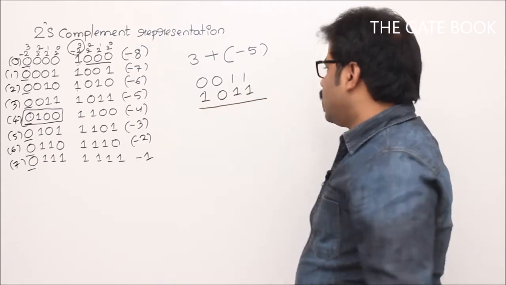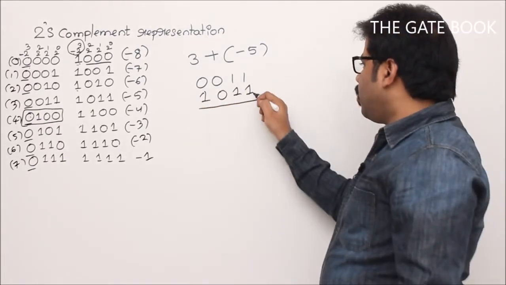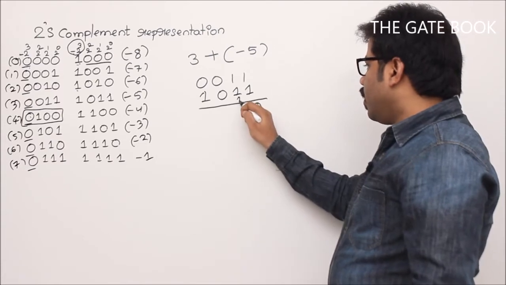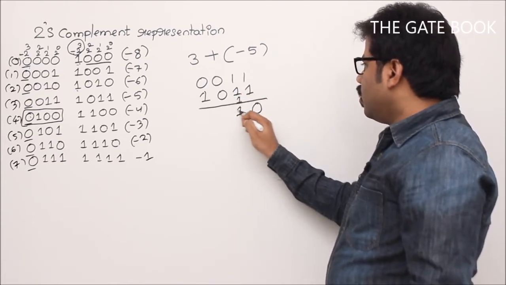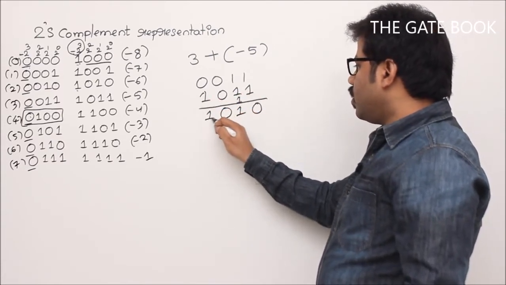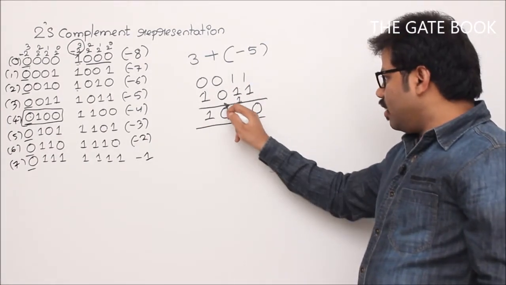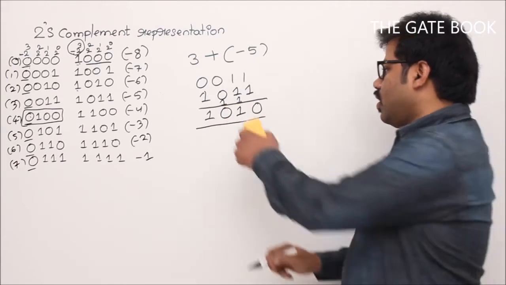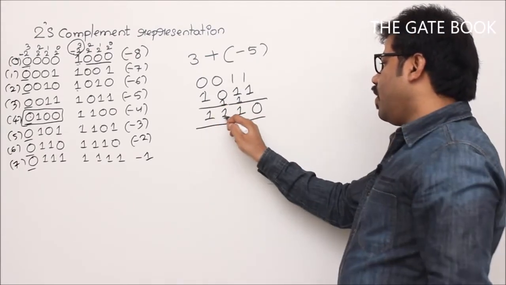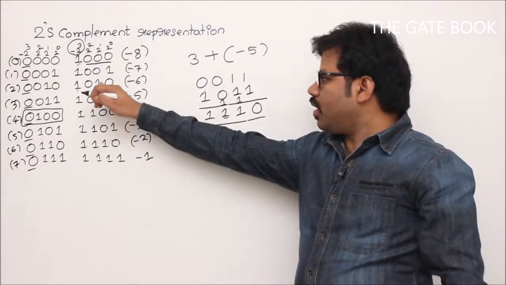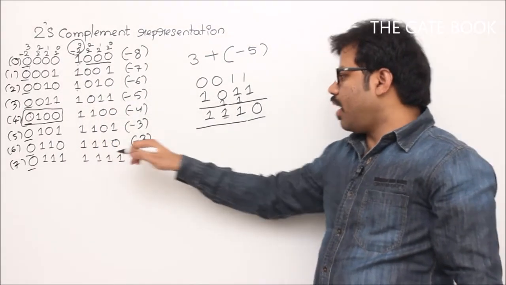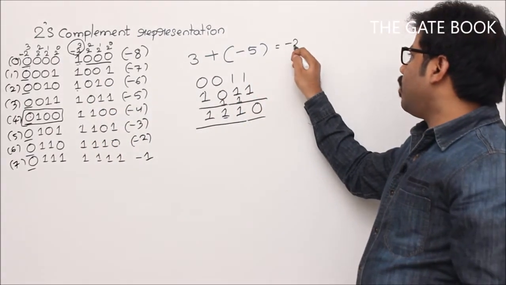Just blindly add them first. 1 plus 1, 0. You get here 1. 1 plus 1 plus 1, 1. So 0, 0 plus 1, 1. 1 0 1 0. Right. Actually we made a mistake here. 1 plus 1 plus 1 is 1 and then you get a carry. 1 plus 0, 1. It would be 1 1 1 0. Okay. So 1 1 1 0 is nothing but, you see here, minus 2. So 3 plus minus 5 is minus 2.